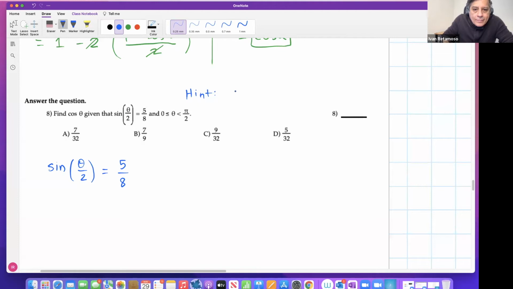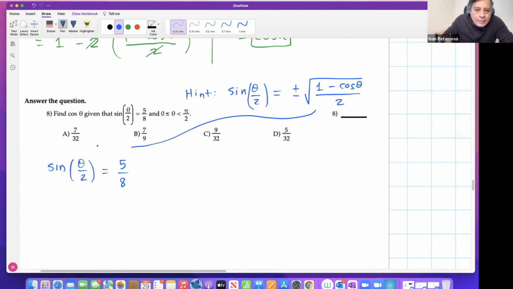Notice that sine of theta over 2 has a formula: plus or minus the square root of (1 minus cosine of theta) over 2. One hint should be to replace this here and solve for cosine of theta.